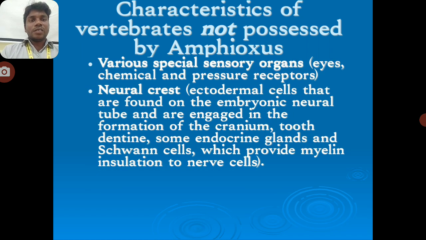Also the various facial sensory organs, eyes, chemical and pressure receptors, and the neural crest, ectodermal cells found on the embryonic neural tube, engaged in the formation of cranium, teeth, dentine, some endocrine glands, and Schwann cells which provide myelin insulation to the nerve cells.